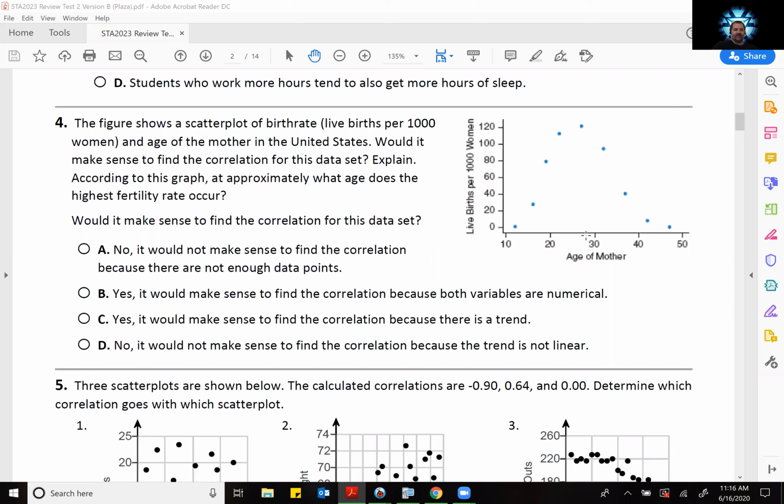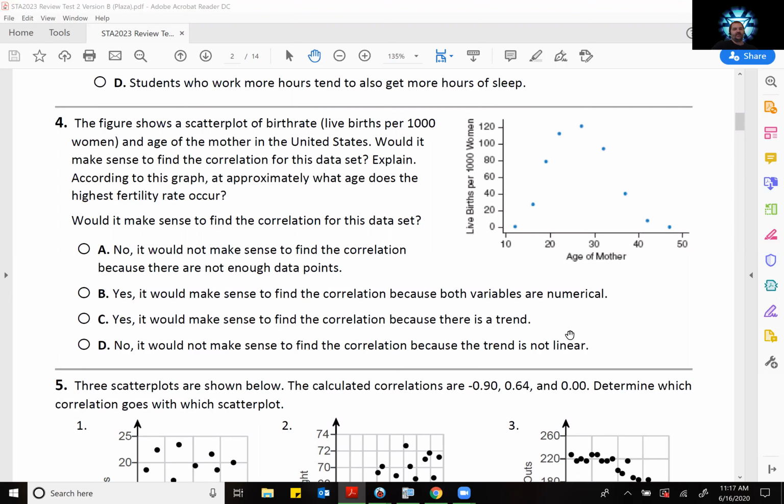But without seeing what they put down there, my gut is telling me, and just because of what I know about this, if we're going to say that it doesn't make sense to find a correlation because it's not linear, then my gut is saying that there's a selection down here that's going to say this doesn't make sense to find the highest fertility rate because it's not linear. Does that make sense? So if it were multiple choice, just look for that.